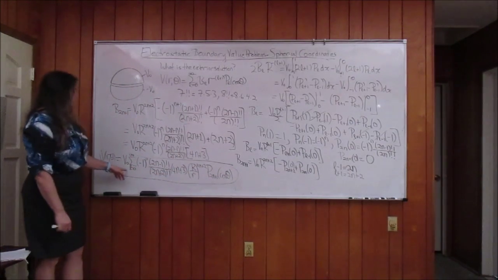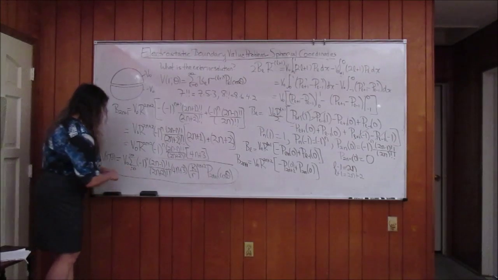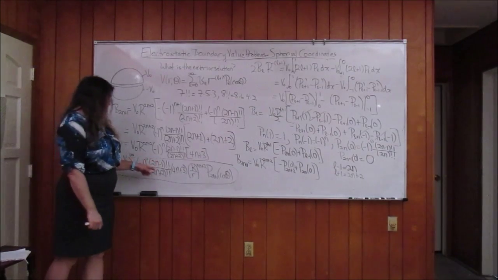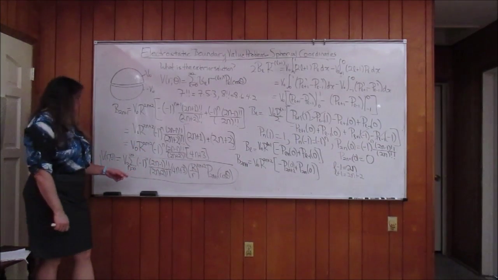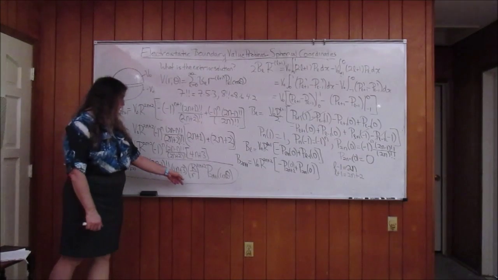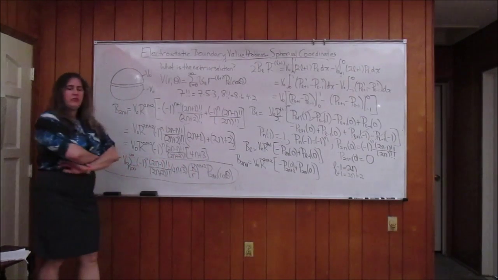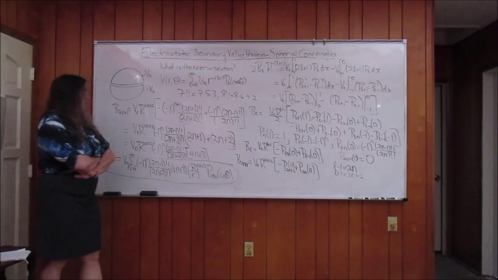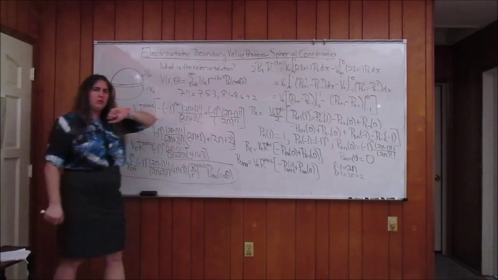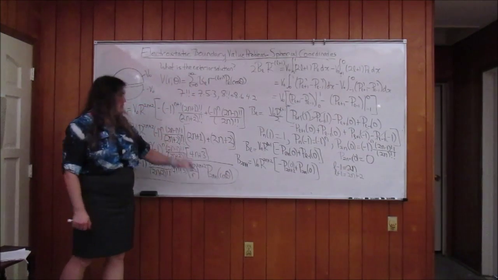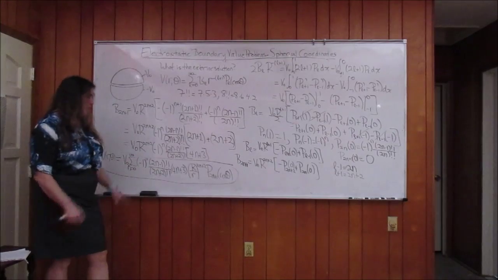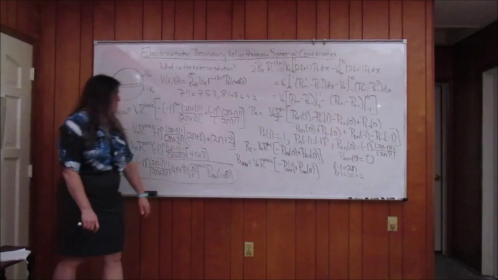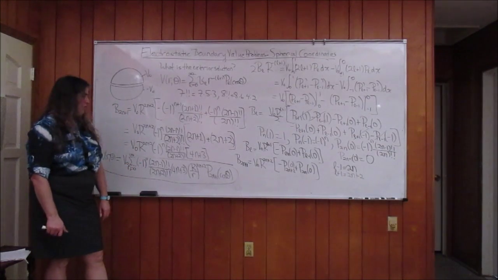This is equal to V naught summation n equals 0 to infinity, minus 1 to the n, 2n minus 1 double factorial over 2n plus 2 double factorial, times 4n plus 3, times the radius of the sphere over the radius of observation, to the 2n plus 2 power. Again, you're making the substitution L is equal to 2n plus 1. So this is why little r has the value 1 over r to the 2n plus 2 power. And then your Legendre polynomial is P_{2n+1} cosine theta.